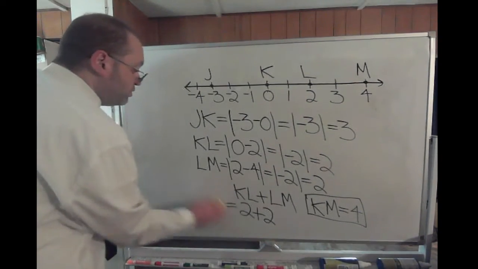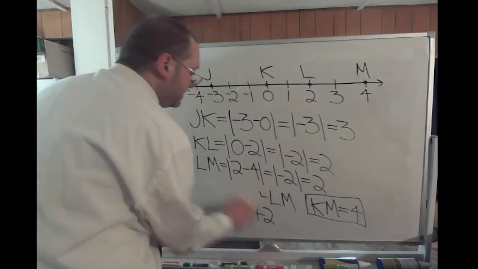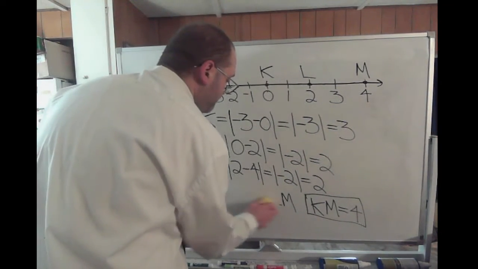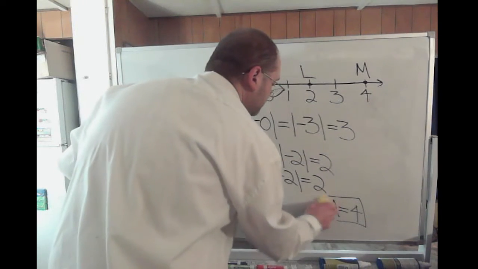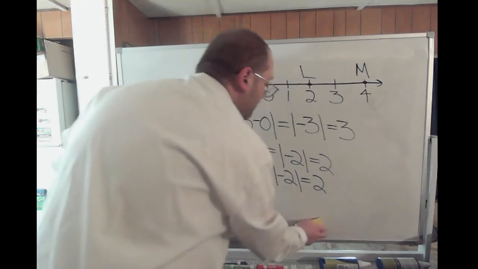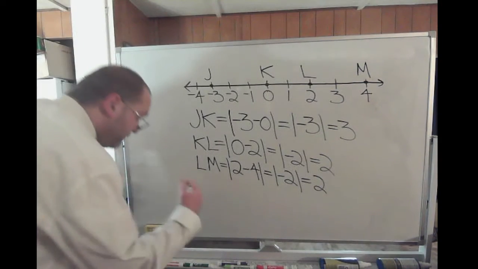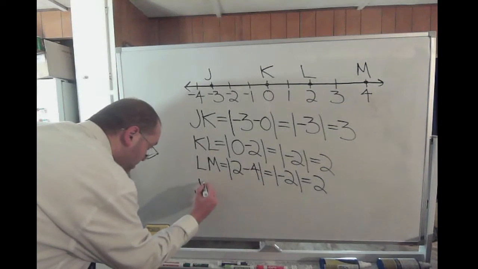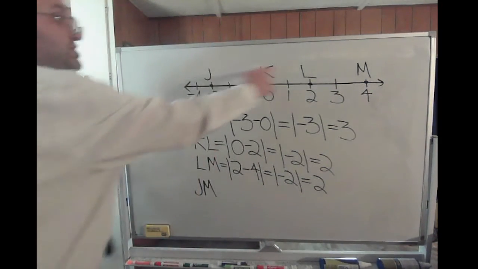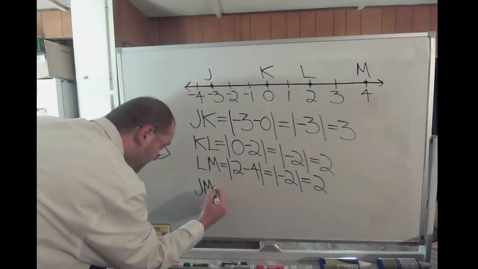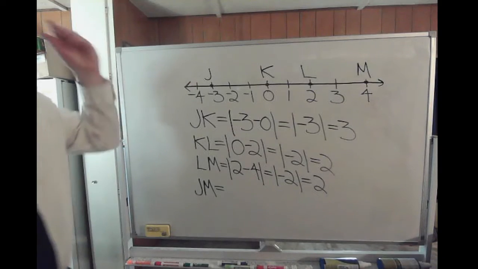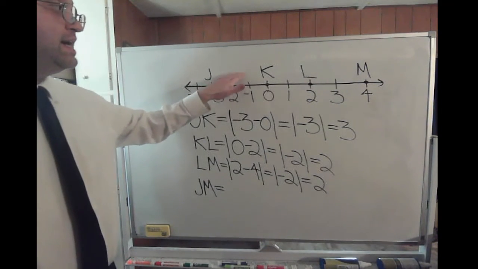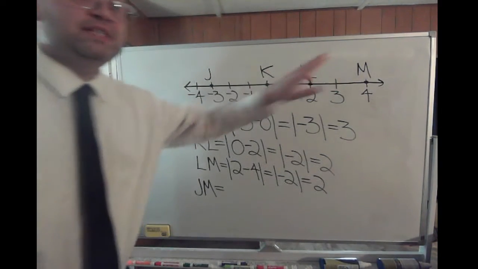Now there is just one more I'd like to find. What if we are asked to find the length of JM? We're going to find the length of the entire segment JM. We know in between J and M we have segments JK, KL, and LM.